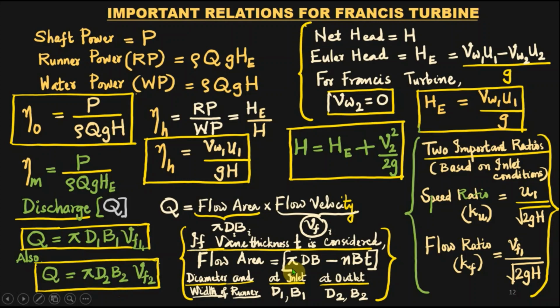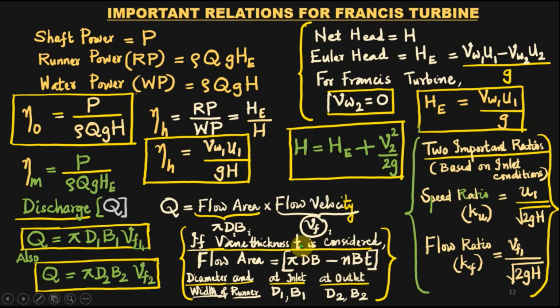Otherwise, if the number of vanes along with the thickness of the vanes are also given, then the area that has to be subtracted from the theoretical area will be n into b into t.